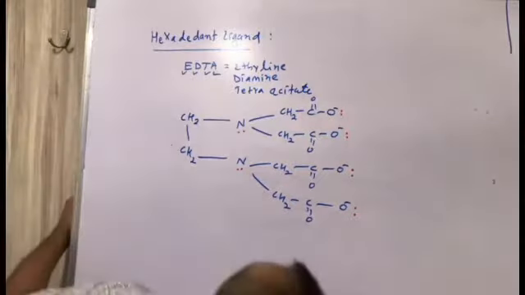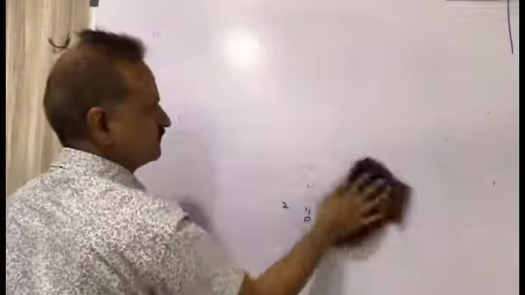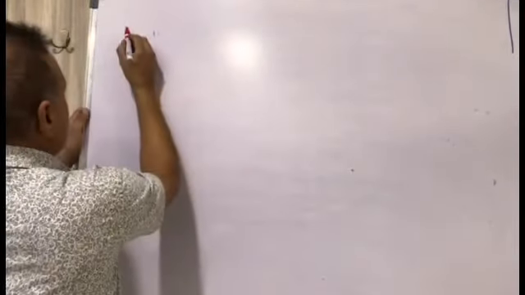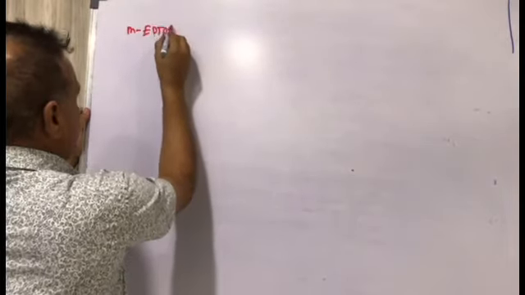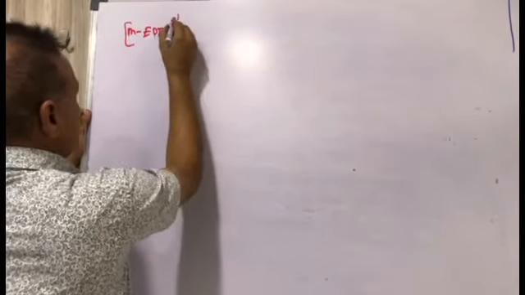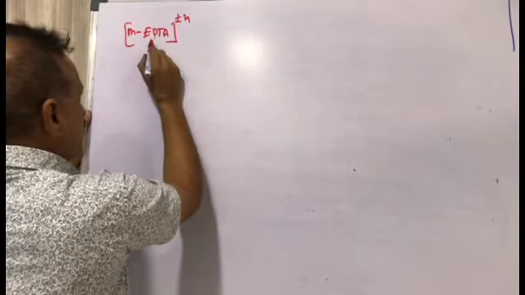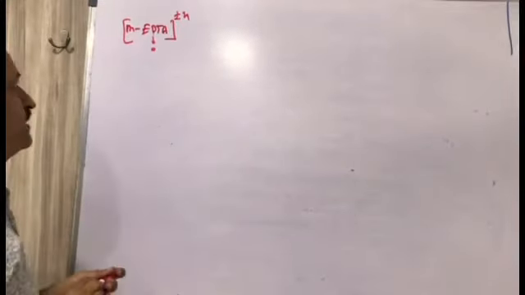Let's see. The formula will be metal ion EDTA, with a plus or minus n charge. The metal ion, which one we don't know. EDTA is a neutral molecule, so the charge of EDTA will be 0.